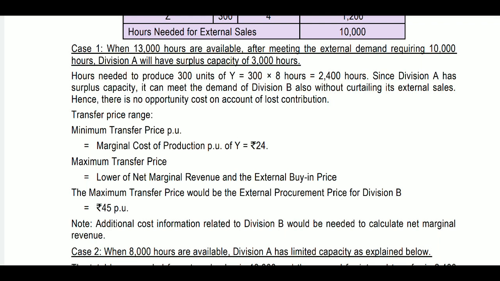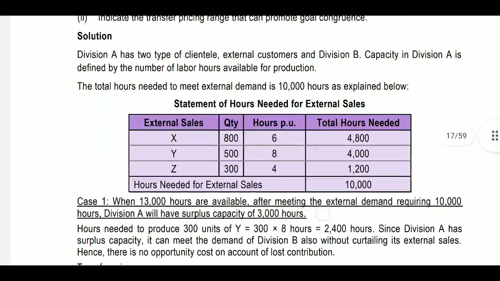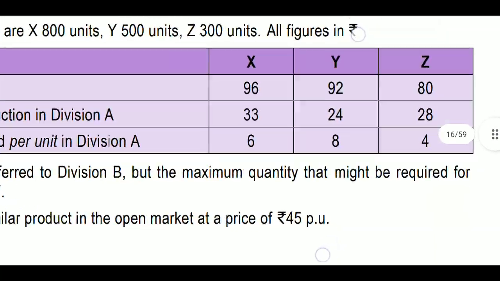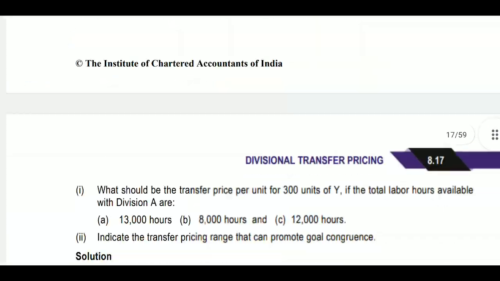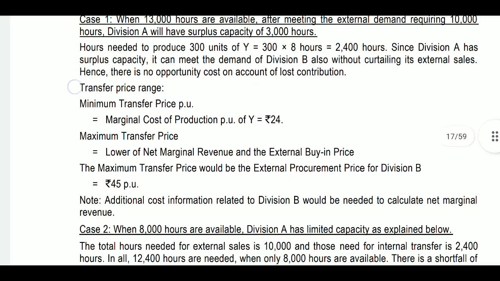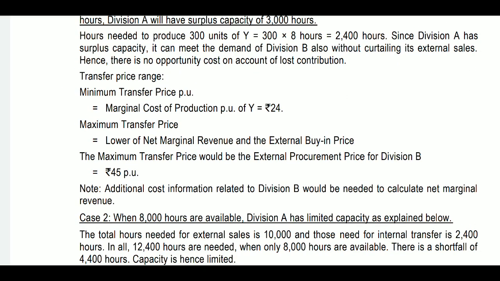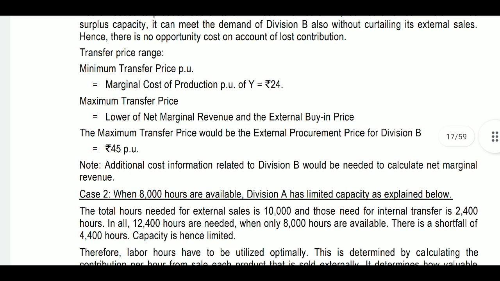That is the variable cost, so 24 will be the marginal cost. We do not add the opportunity cost here, because we have excess hours, and in those excess hours we are producing the goods.